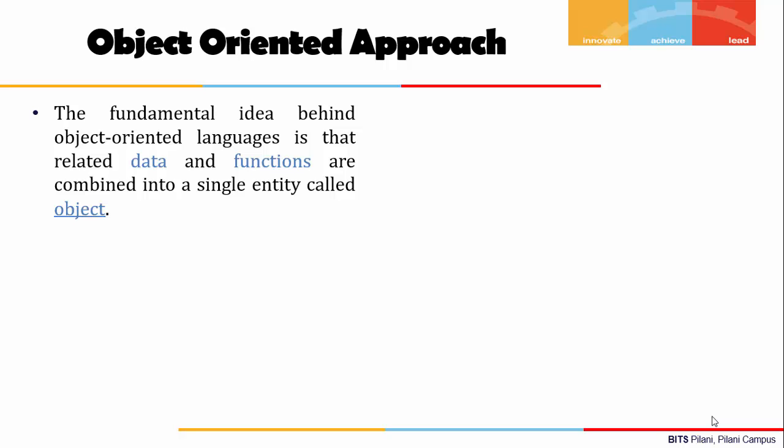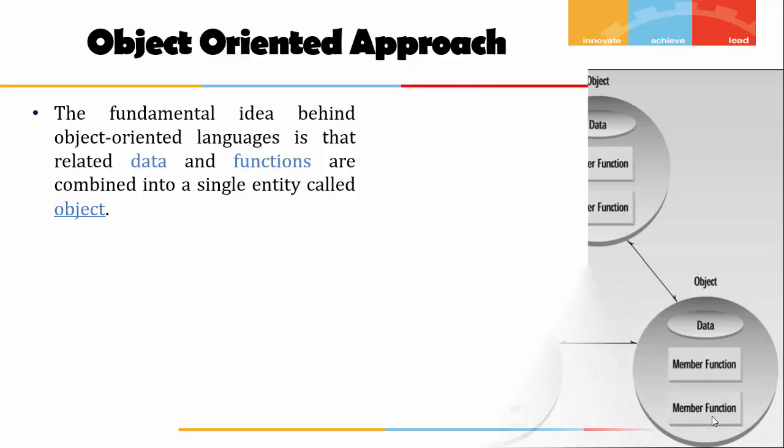You can access the data of an object only using the object's functions, that is, member functions. So, the related data and functions are combined into an object, and the data can be accessed only by the functions in that object. See this diagram.